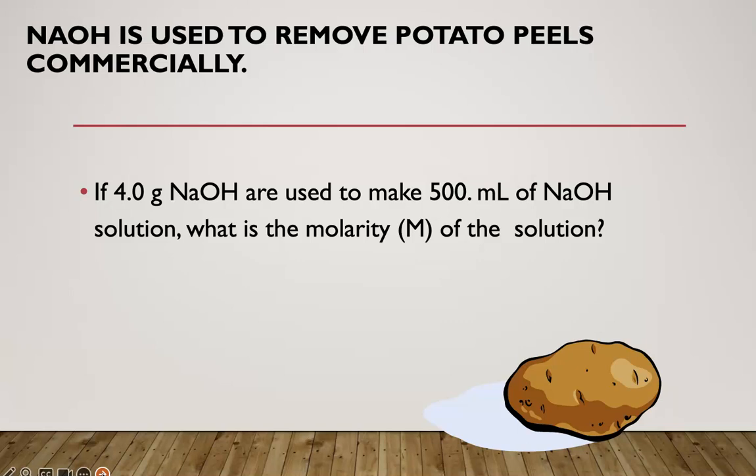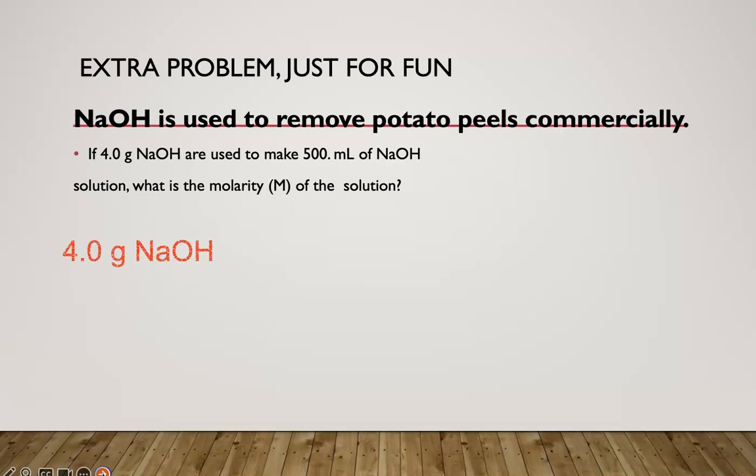All right, talking about solutions. Potatoes, maybe you knew this about that they use a chemical, the NaOH that we've used in the lab, to peel potatoes. So see what you can do with this problem. All right.